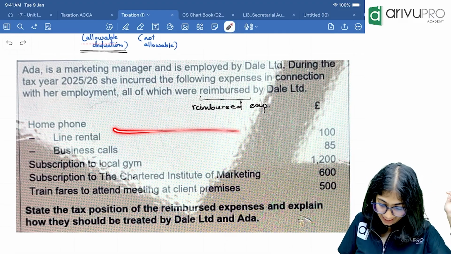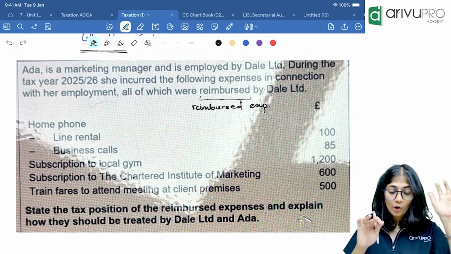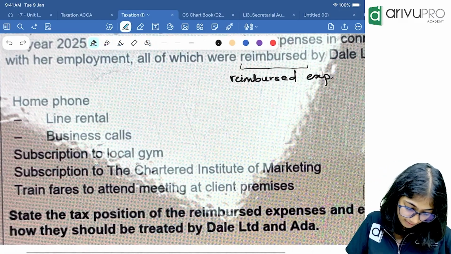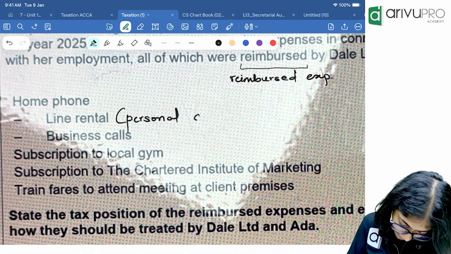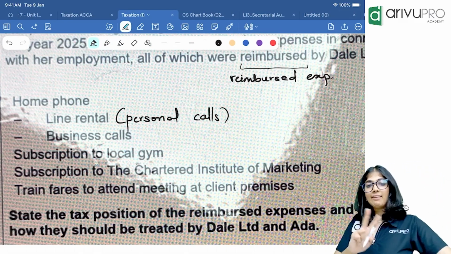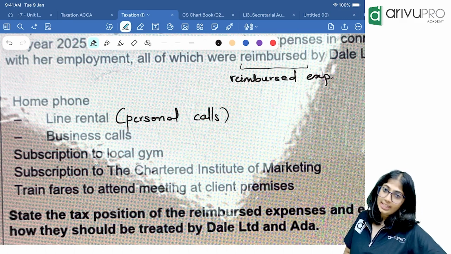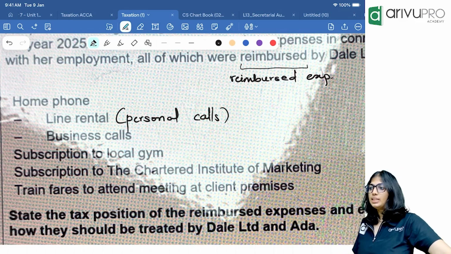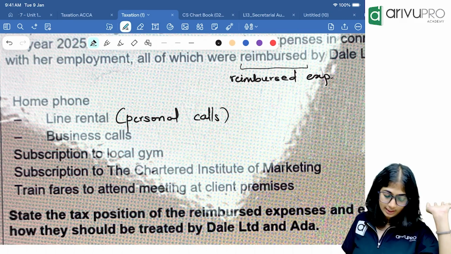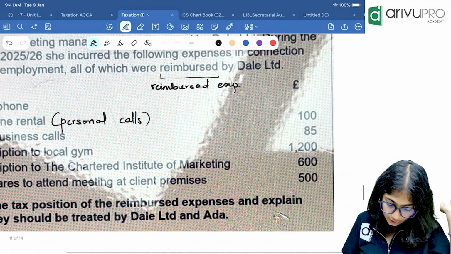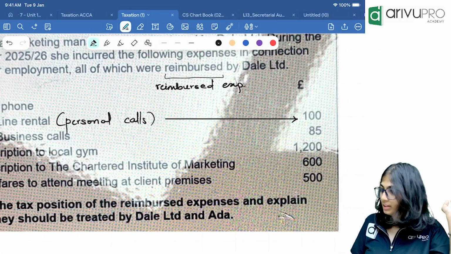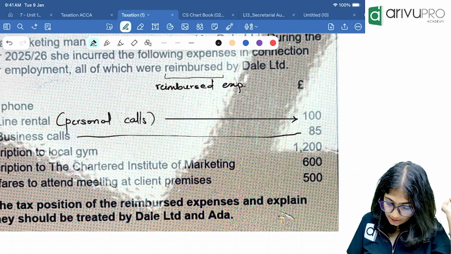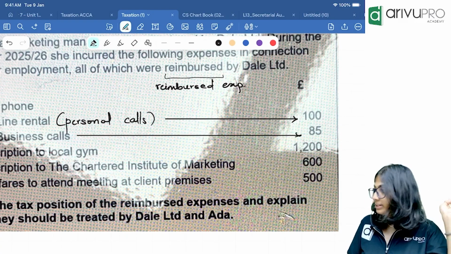Line rental is for your personal, normal personal calls. Even for personal calls, they have reimbursed, and for business calls also, they reimbursed. So this is the personal thing that is reimbursed, and this is business calls. Business calls is an allowable deduction.